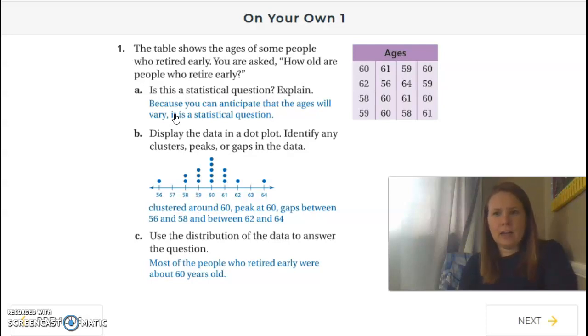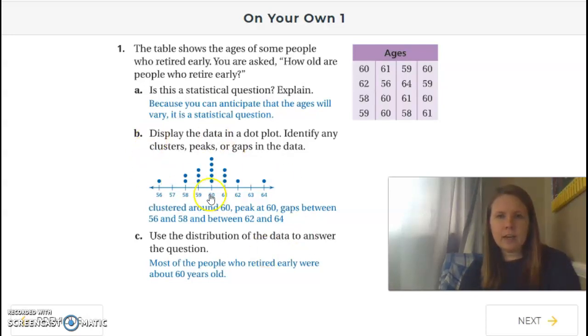Because a question that wouldn't be statistical is like, what age can you start driving? Okay, it's 16. What age are you allowed to start drinking? You're 21, okay? So people who decide to retire early can retire kind of whenever, usually once they're like 50 or 60 though. And that's why this is going to be a statistical question.